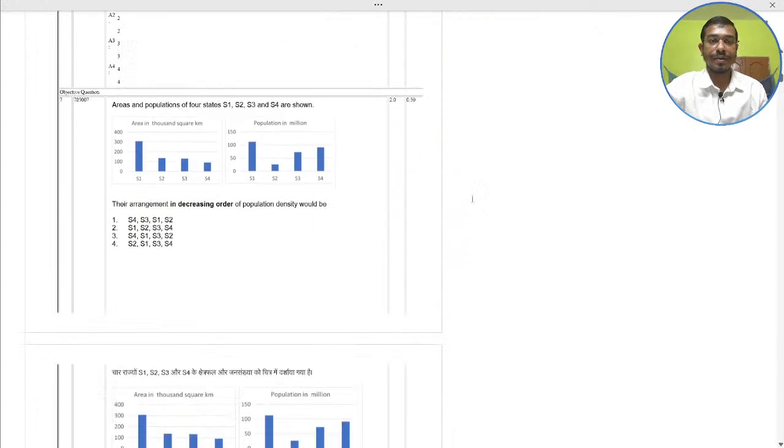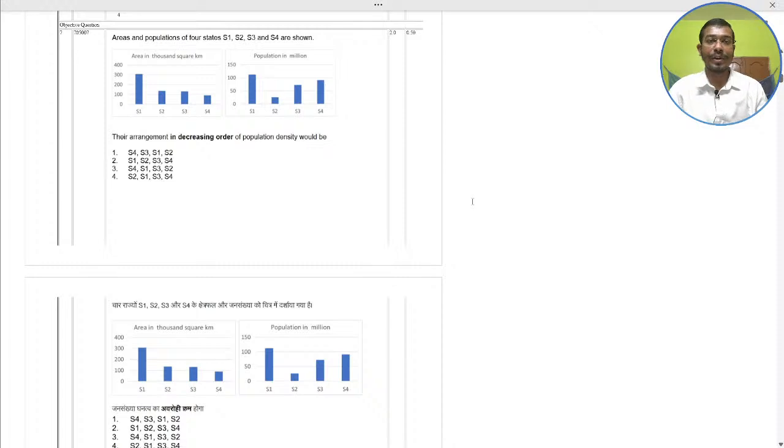Next, the graph question. Area and population of 4 states S1, S2, S3, S4 are given. Their arrangement in decreasing order of population density would be what? So here, S1 should be 110 by 300, that would be 0.367.